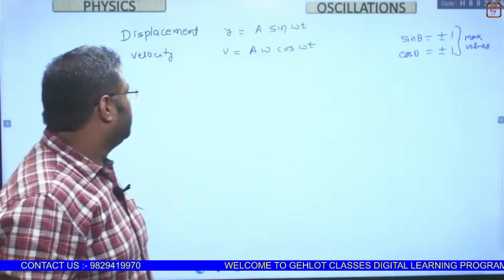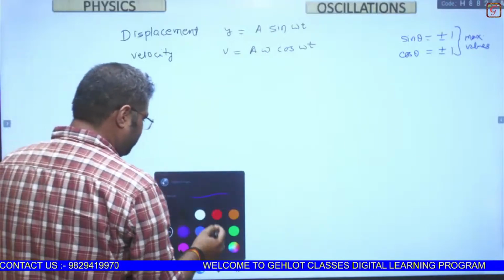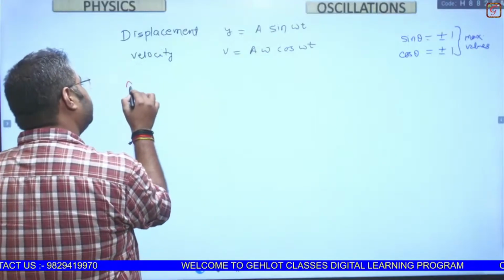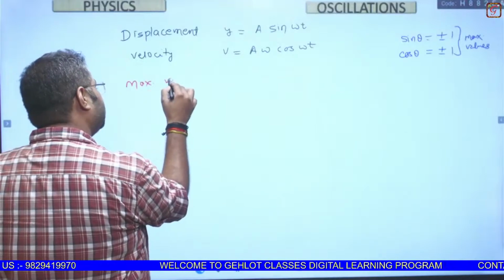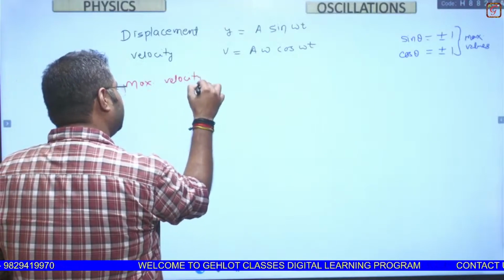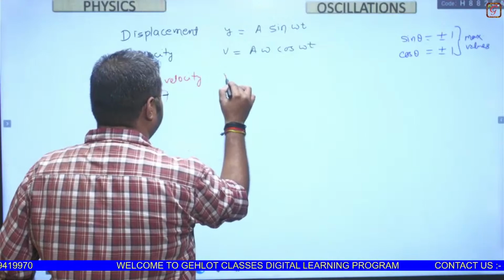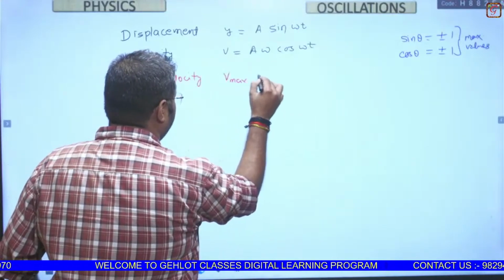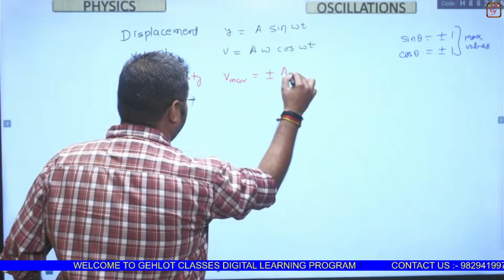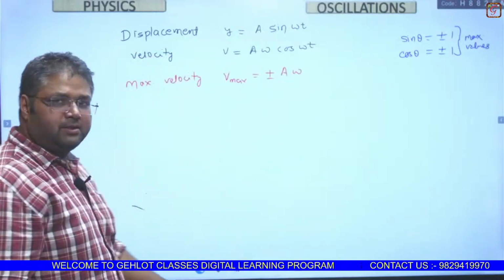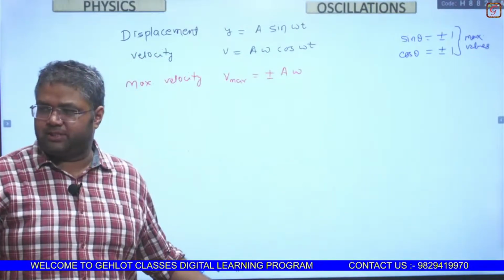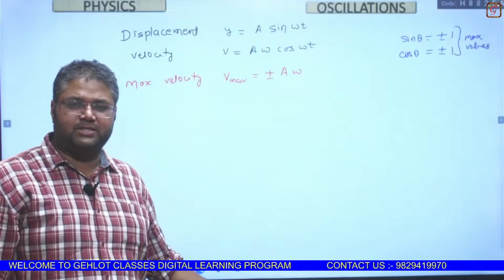So what will be the maximum velocity? Maximum velocity can be expressed as V max = plus minus a omega. I have taken both the signs, plus and minus.